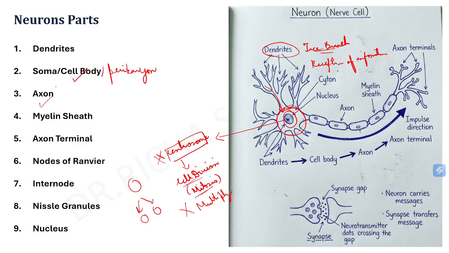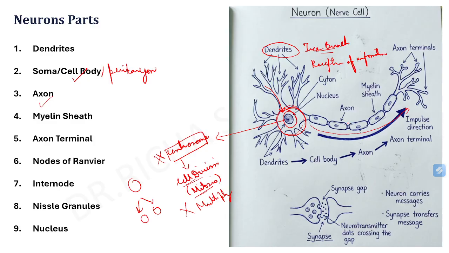Moving to the next part, you have an axon. So, the axon is a structure that is lengthwise. It is a structure that transmits the information, and it is a tail-like structure. It helps to support the transmission of electrical impulses across its length.